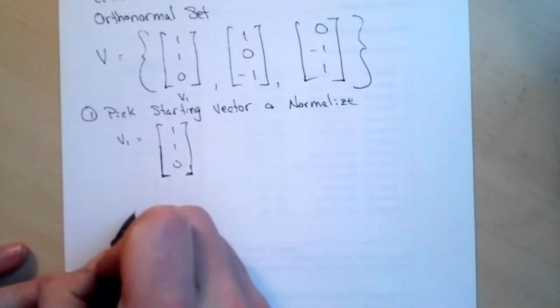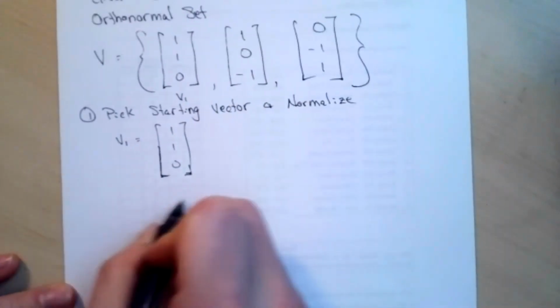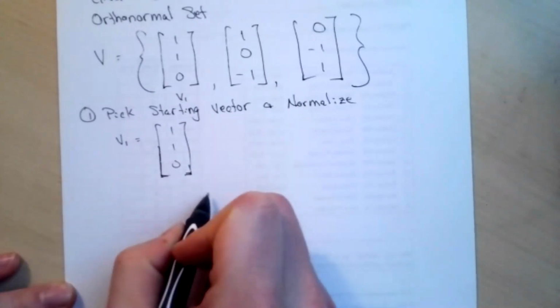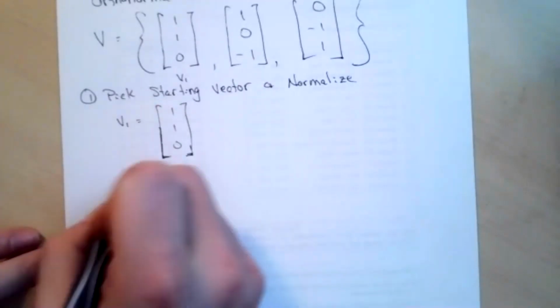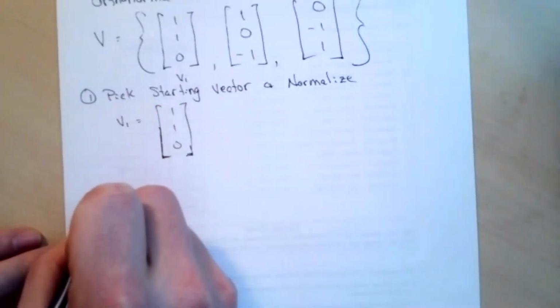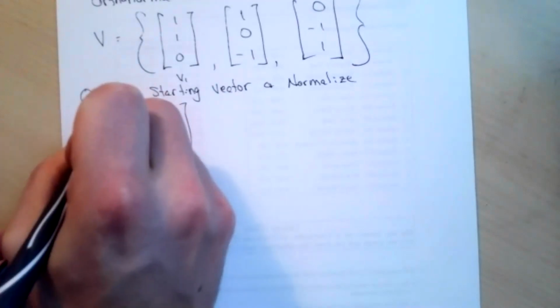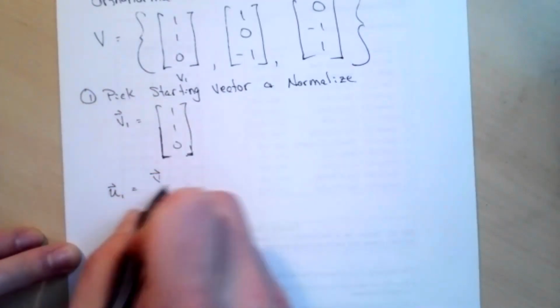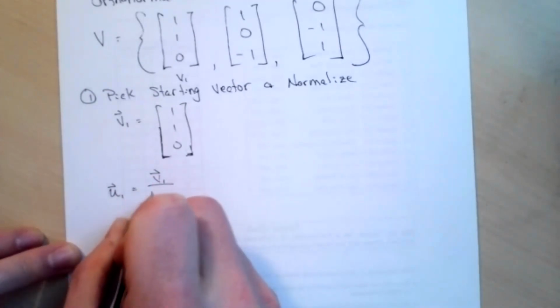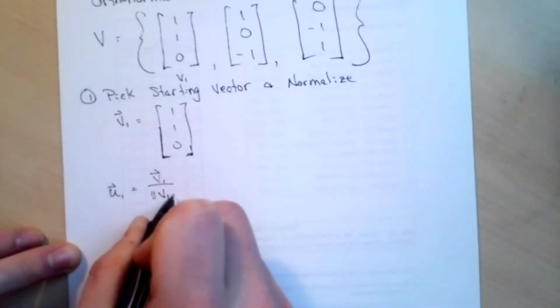But all we do is take V1, and let's see, what's the best way to label these? Let's just use different letters. I'm worried we're going to run out of letters. So we'll take our V1. The first thing we're going to do is take U1, which is whatever the first vector is, normalized. So make it unit length.